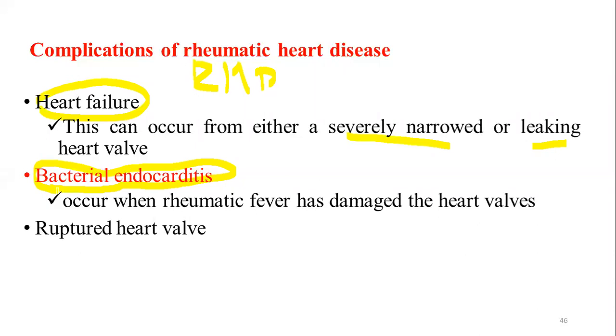So bacterial endocarditis is common. It is one of the complications of this condition. But if the valve is normal, by the way, the probability is very minimal. Then finally, ruptured heart valves are also another complication when someone is having RHD. So this is all about this condition.